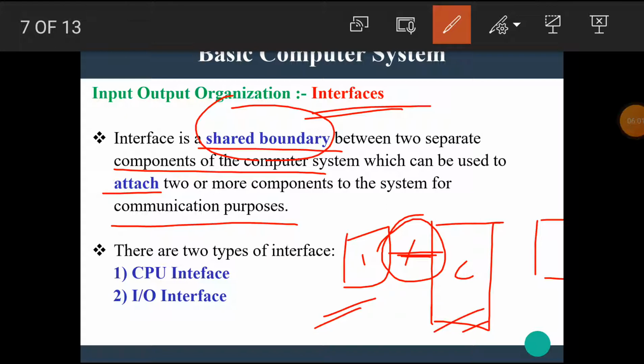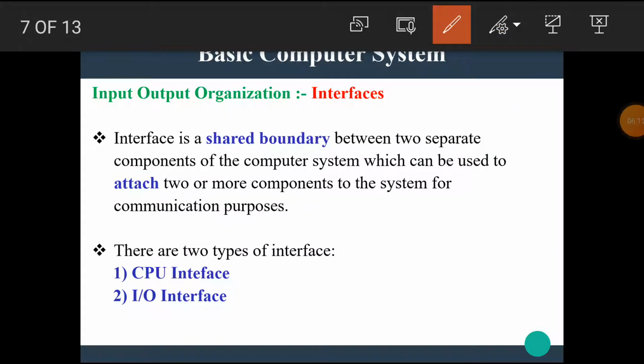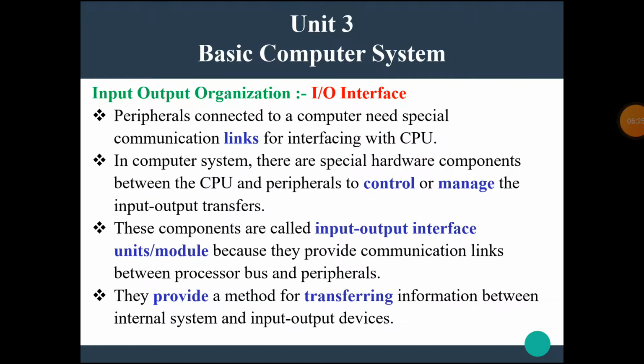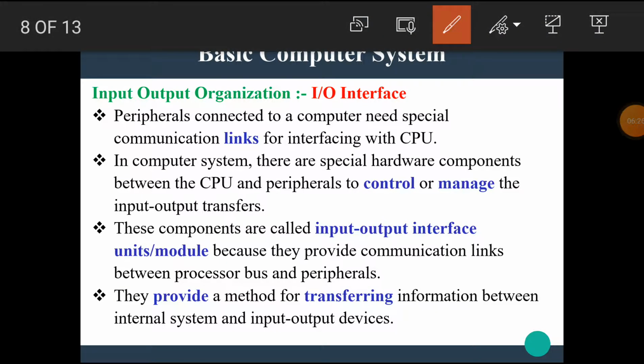And this interface is available in the form of modules. There are mainly two types of interface: CPU interface and input-output interface. In this unit we are going to see what is meant by input-output interface. Let's see what is input-output interface.